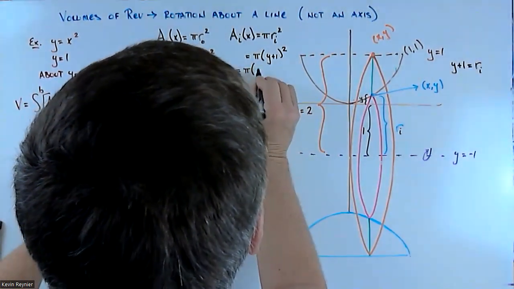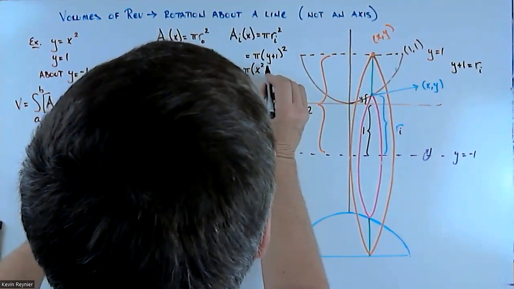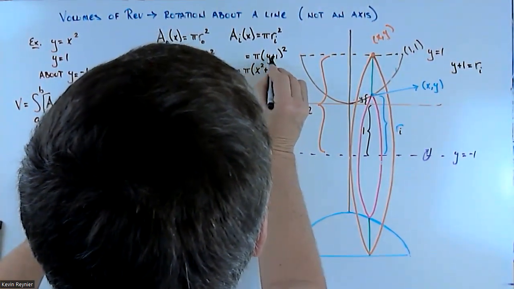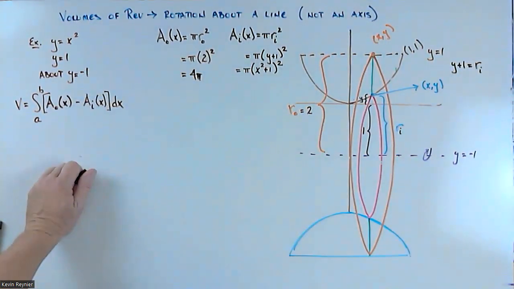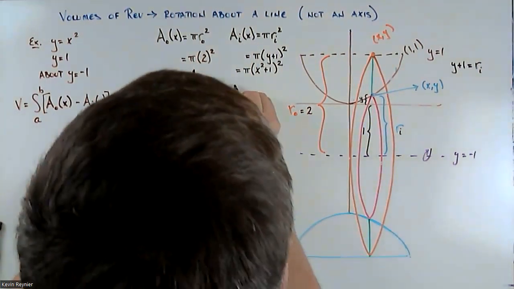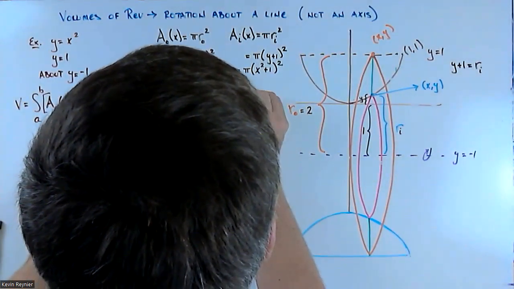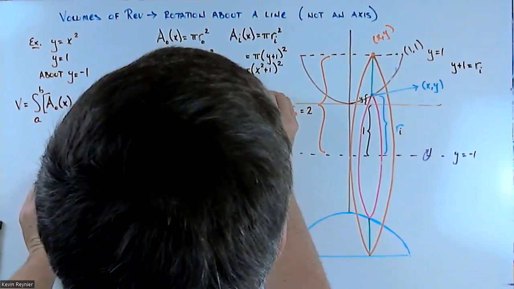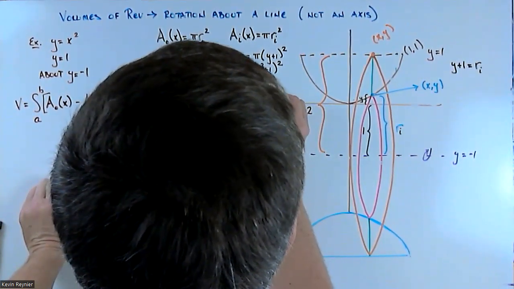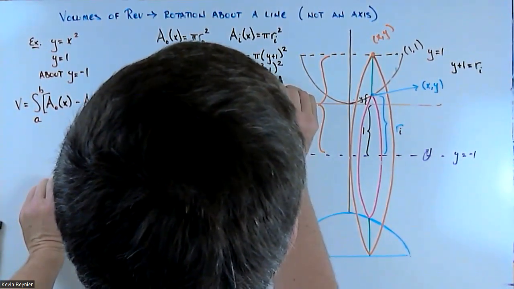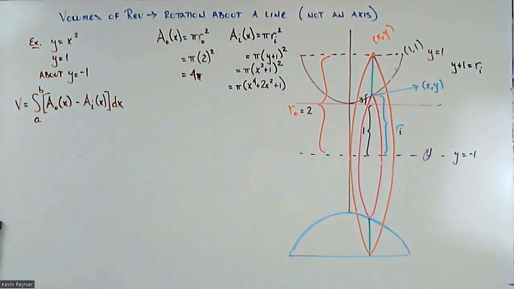We have pi. We know y is x squared. Here's our plus 1. We're going to still square it. Now we can do our algebra, right? And if we do our algebra here, we get pi times x to the 4th plus 2x squared plus 1. We have both of our area functions.